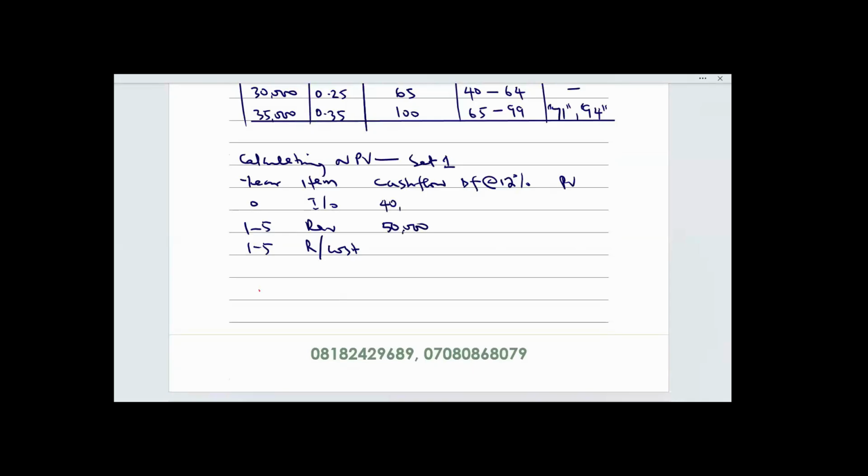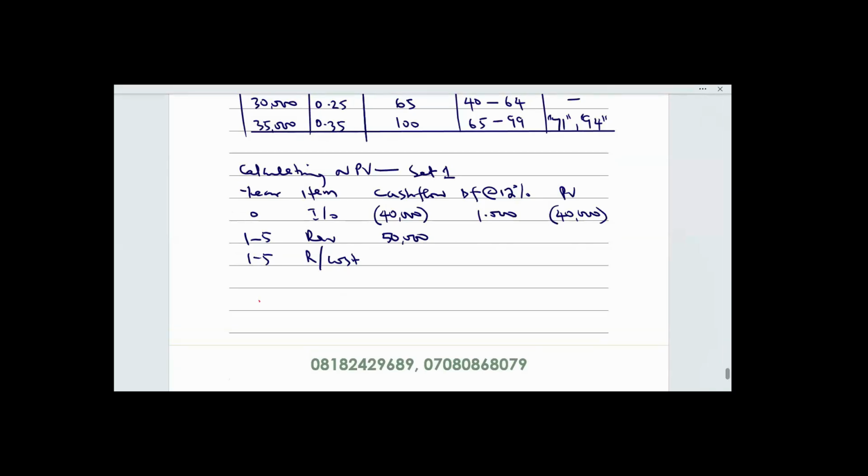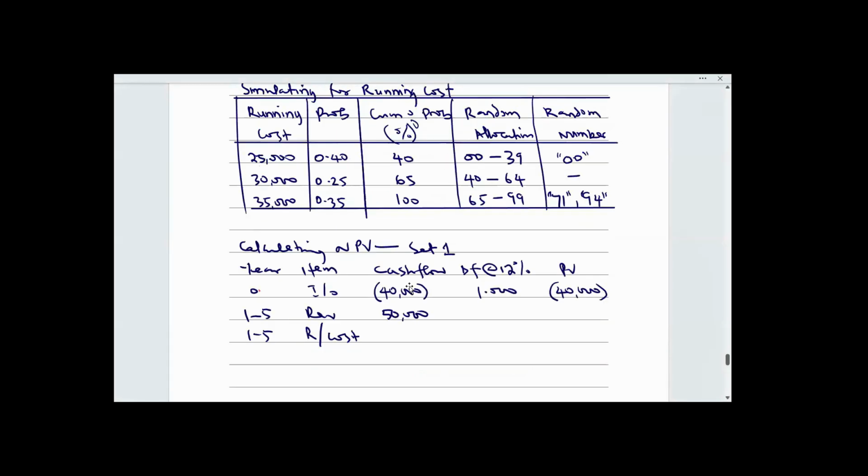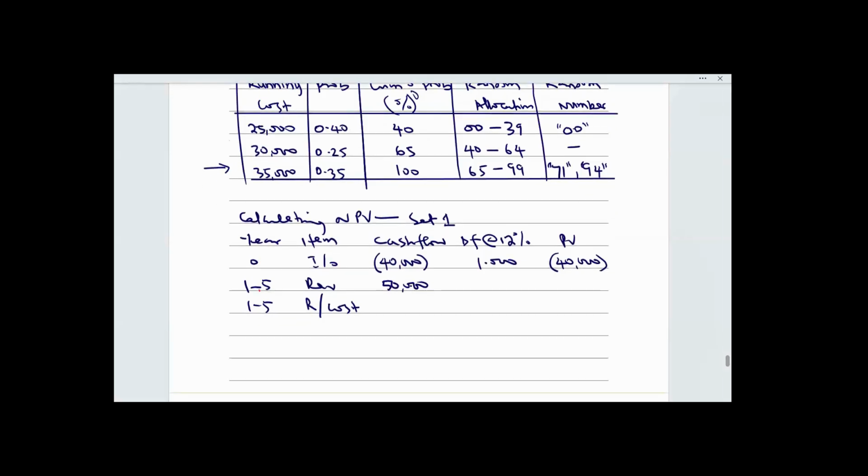Here is 40,000 initial outlay. Now, for set 1, the running cost tag random number is 71. Based on our simulation, 71 is in the last row, which is 35,000 naira.